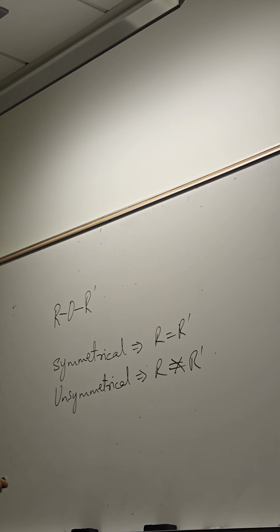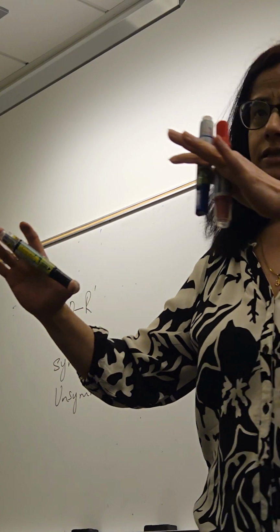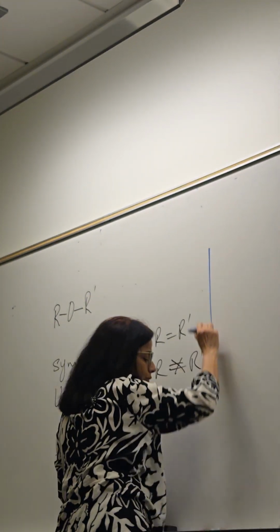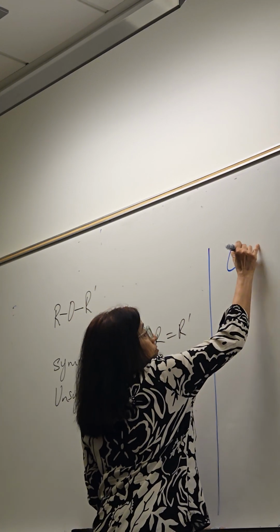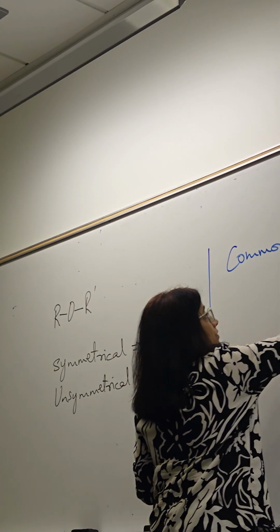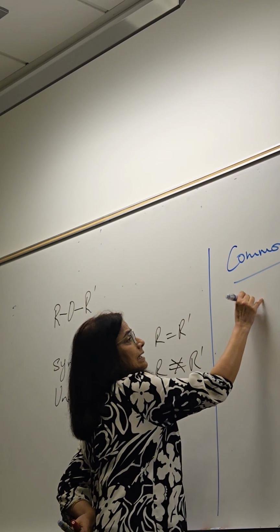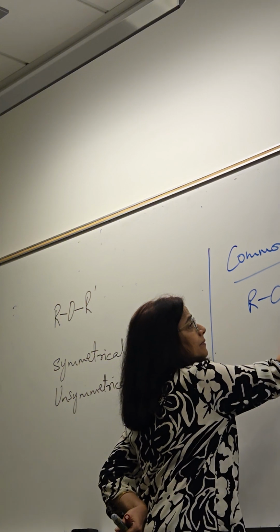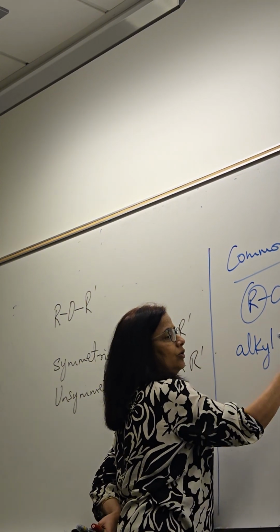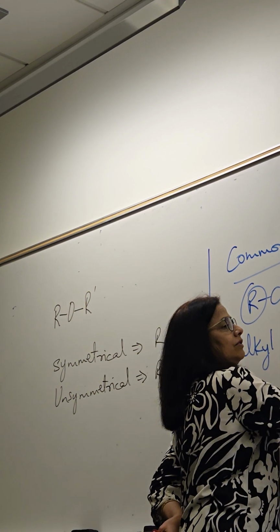Okay, so naming of ethers. Again, there's a common system of naming and then there's the IUPAC system of naming. In the common system of naming, which only works for small, uncomplicated ethers, the common system works. So basically, if you have an ether, whatever the alkyl is, followed by an alkyl, another word, and then the word ether.